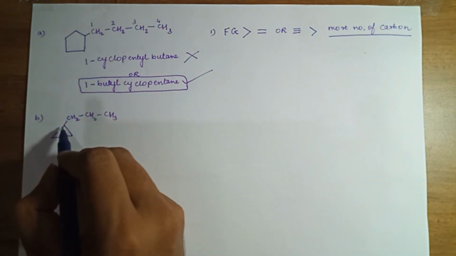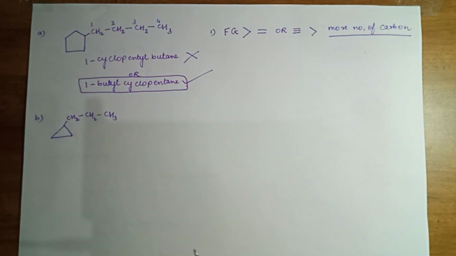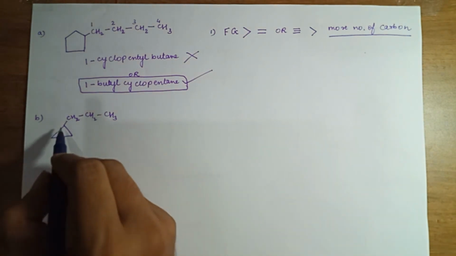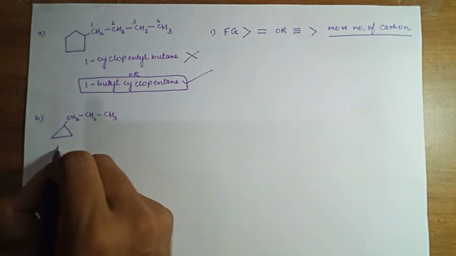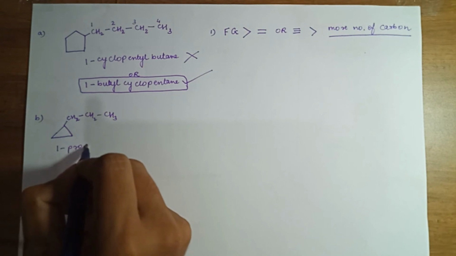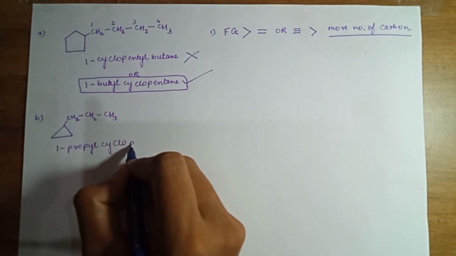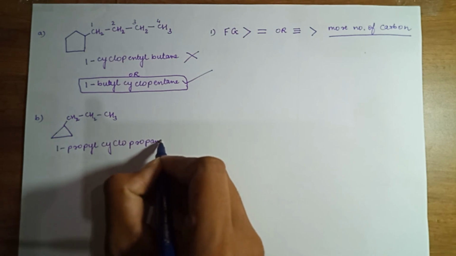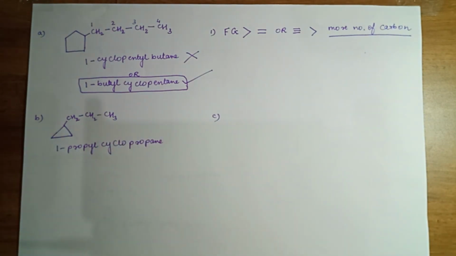So here a 3-membered cyclic ring and a 3-membered linear chain. So what we have to do in this case? In this case, the priority must be given to the cyclic compound. So the name will be 1-propylcyclopropane. In the last, we will see the example of a complex substituent.